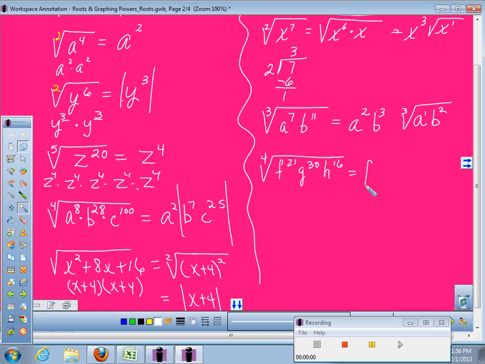Five. Let's try 5. With a remainder of what? 1. There would be 1 left over, 1 f left over. Okay, 4 goes into 30. Higher than that. 7 times would be 28, so my remainder is 2.